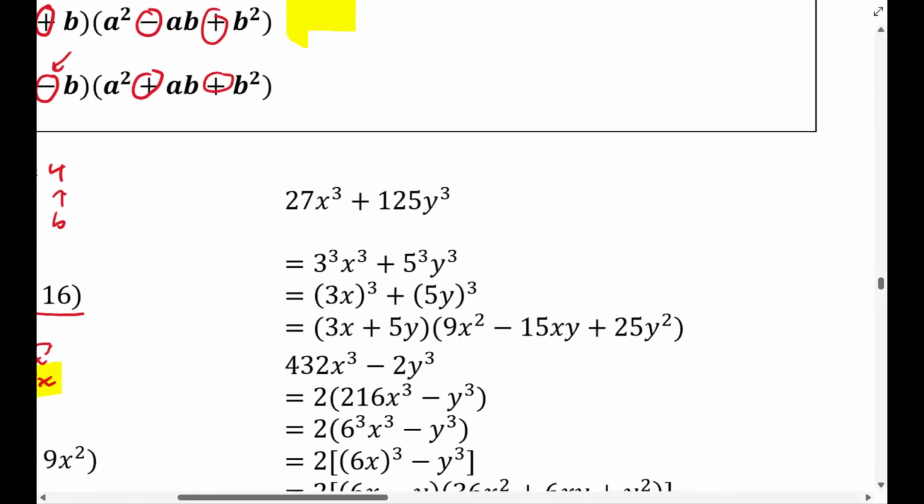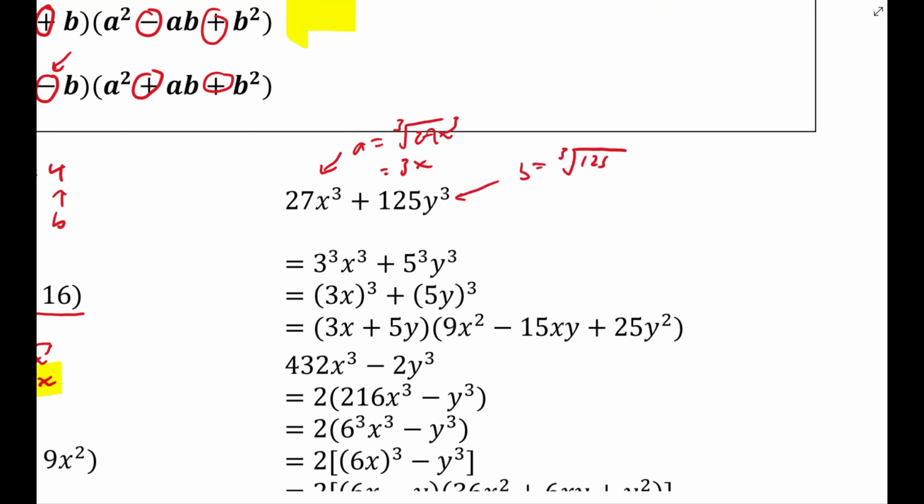Likewise for this example, how you get a equals cube root of 27x cubed, gives you 3x. How you get your b? Cube root of 125y cubed equals 5y.